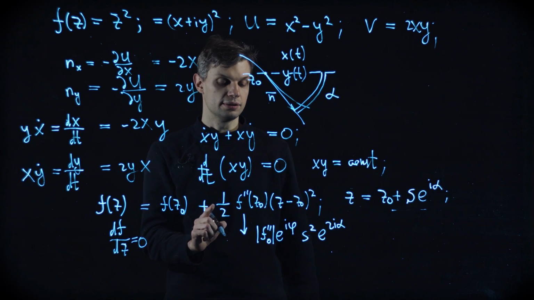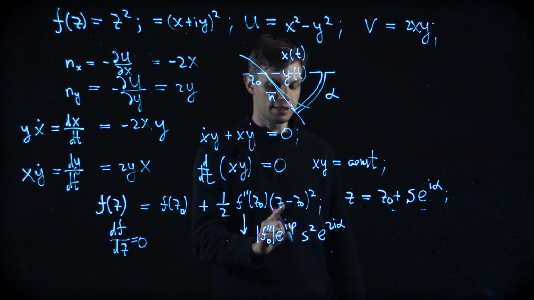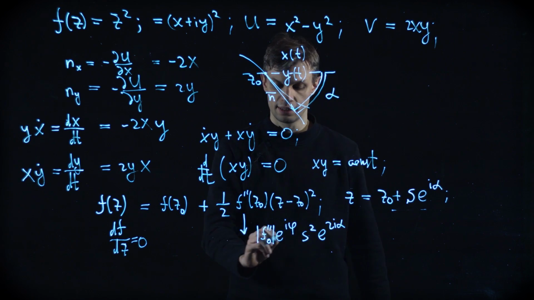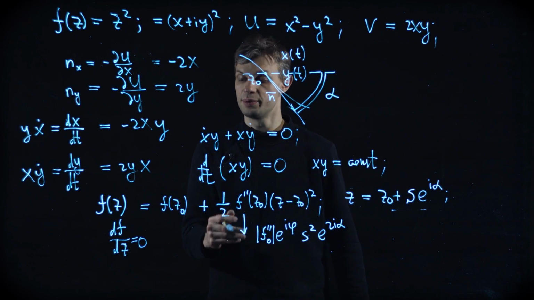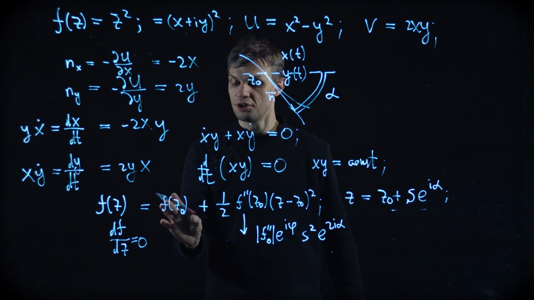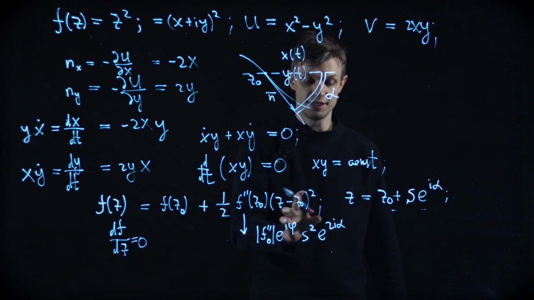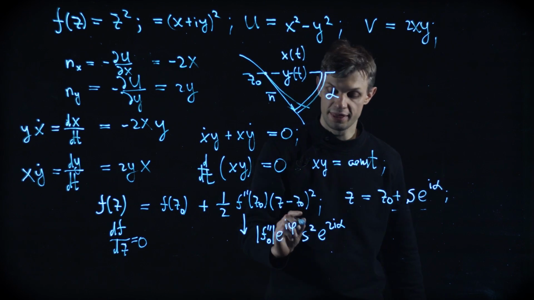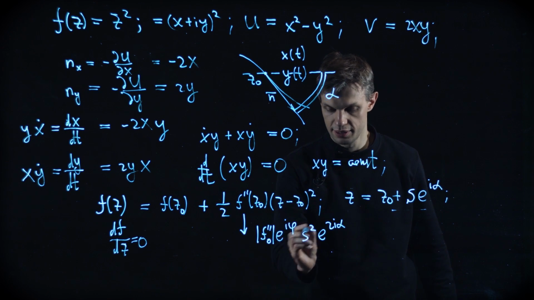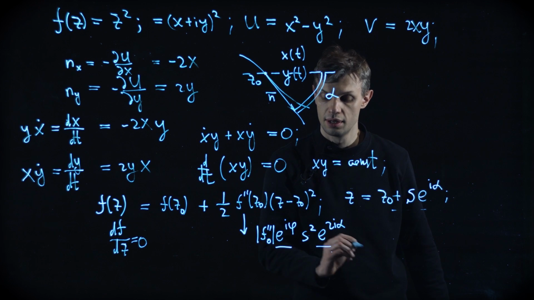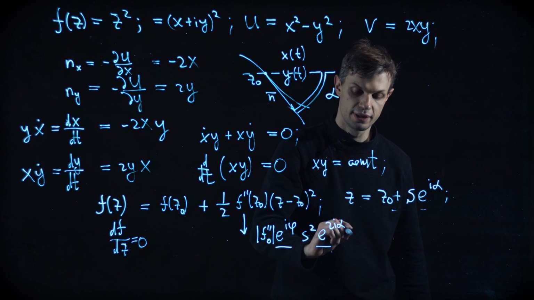Right. So now we are interested in such alpha that the whole thing is real, because we are interested in the level lines of v. So the imaginary part of the v function shouldn't change. So this change should be totally real and negative. But the real part is defined by the cosine of this phase term.